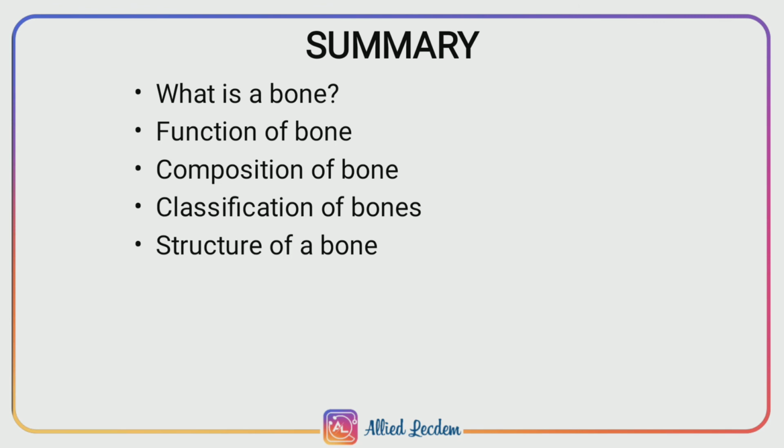Cells include osteocytes, osteoblasts, osteoclasts and osteoprogenitor cells. Classification of bones: according to shape, it is classified into long bone, short bone, flat bone, irregular bone, pneumatic bones, sesamoid bones and accessory bones. Developmental classification: it is classified into membrane bone, cartilaginous bone, membrano-cartilaginous bones, somatic bones and visceral bones.